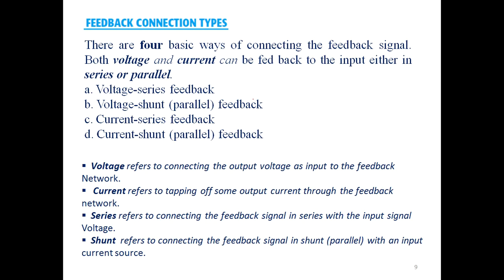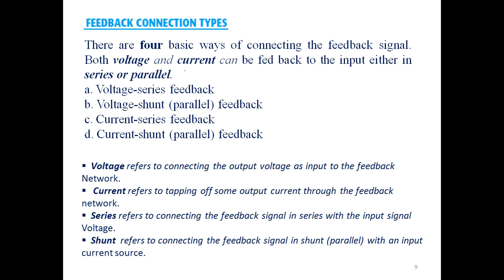Either we consider the voltage or the current as the feedback quantity at the output side, and then feed it back to the input either in series or in parallel. Altogether we have 4 possible ways of connecting feedback signals.